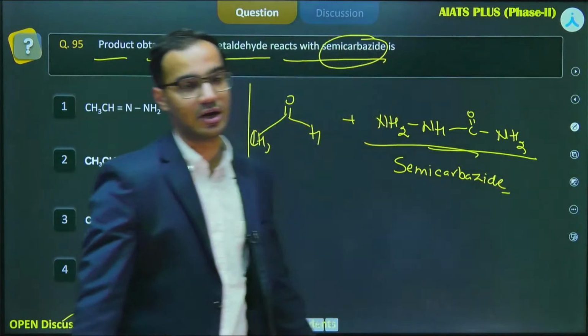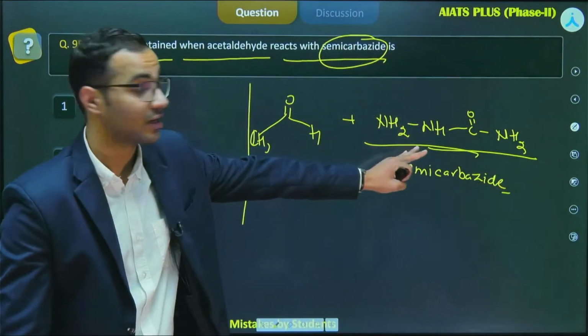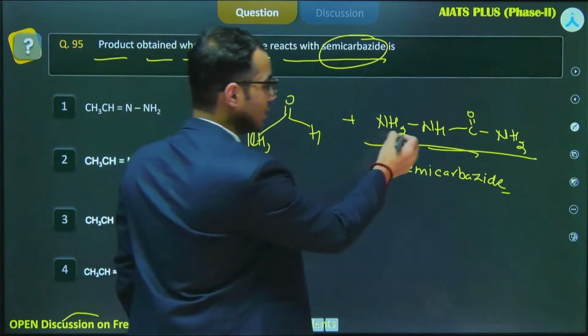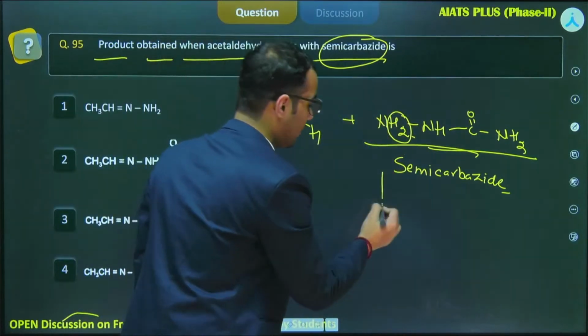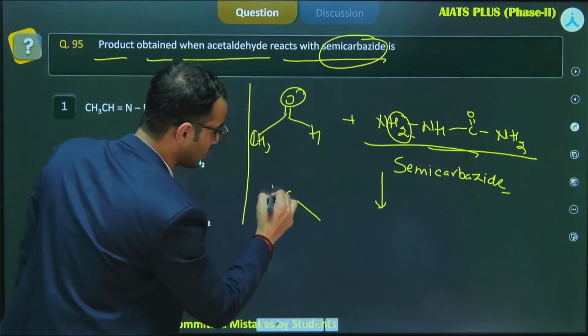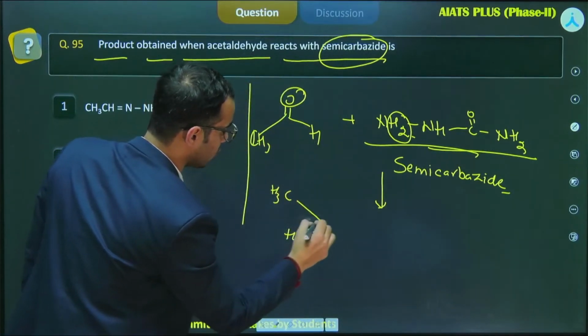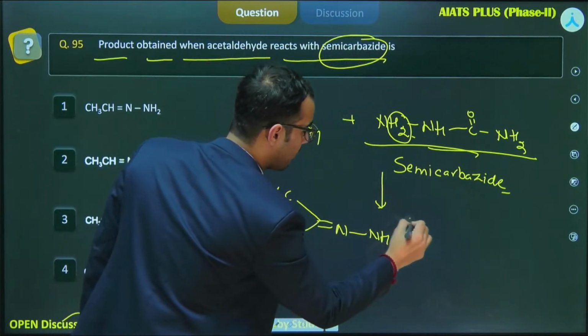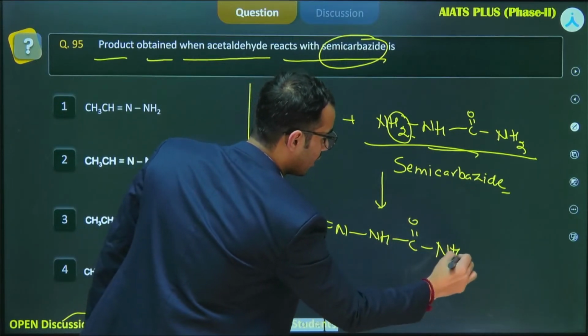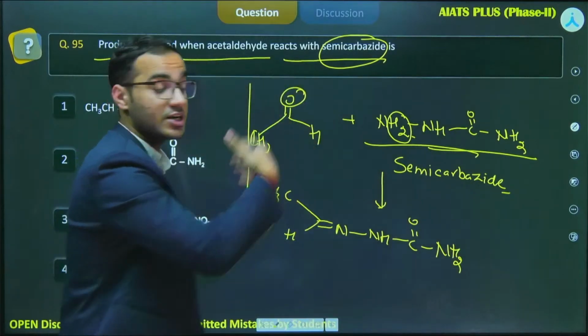If you are reacting it with acetaldehyde, there are 2 hydrogens and 1 oxygen, you will be getting CH3-CH double bond N-NH-C double bond O-NH2, semicarbazone.